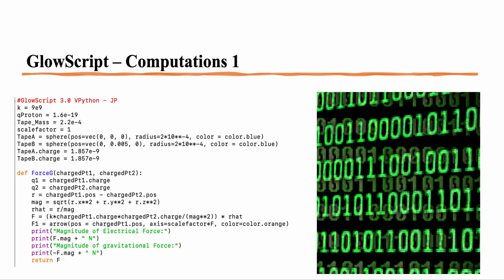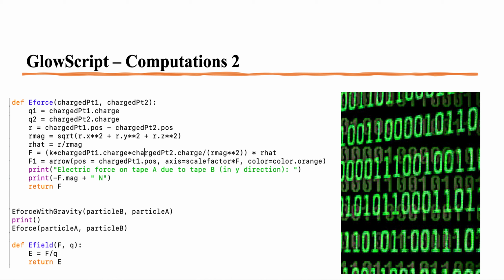Now we will move on to the GlowScript computations. Here you can see it's just some basic coding. We are defining our variables and assigning the specific measurements to them. Furthermore, we proceeded to define, calculate, and print the force of gravity.